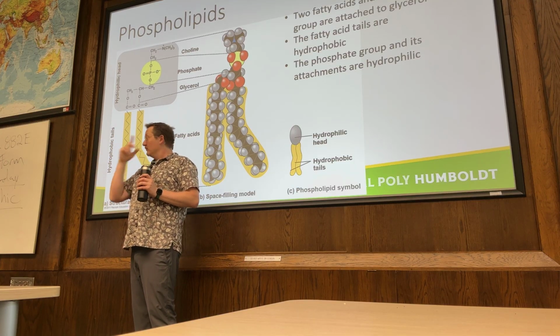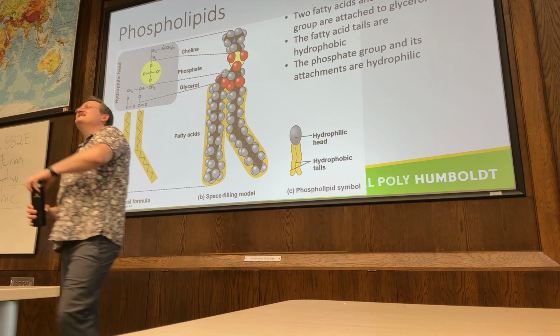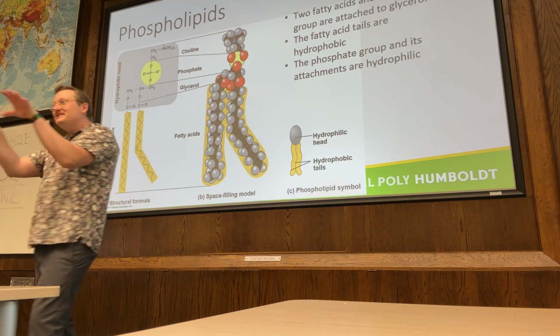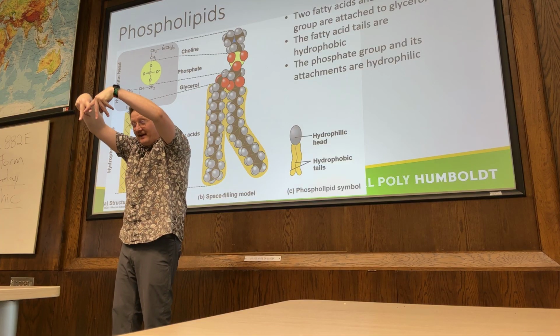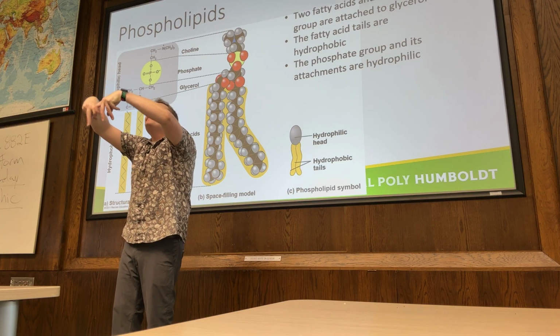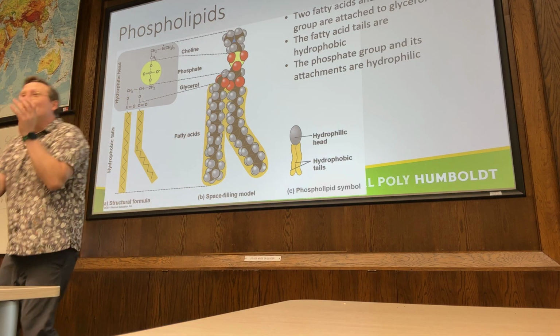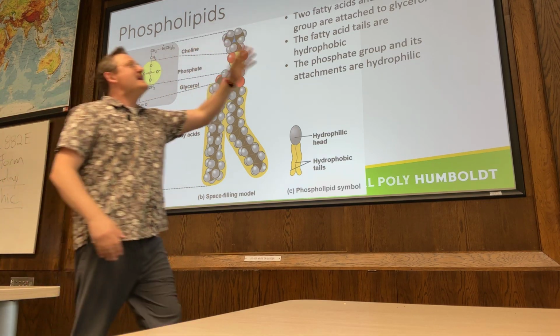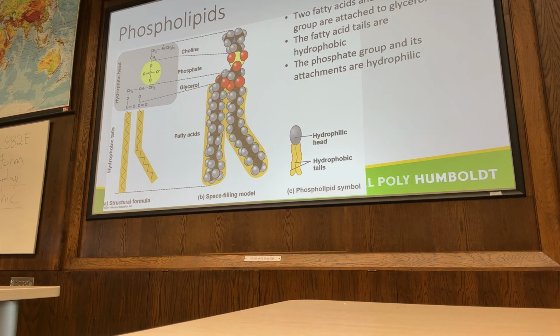So there's a ton of variability here, and that will be super important because when these get into a solution and they all group up, if they've got the bends in their fatty acid tails, they won't pack as tightly and they'll be more fluid. So the fluidity of a membrane made up of phospholipids is determined by how many of the fatty acids are cis versus trans fats. Fatty acids, I mean.